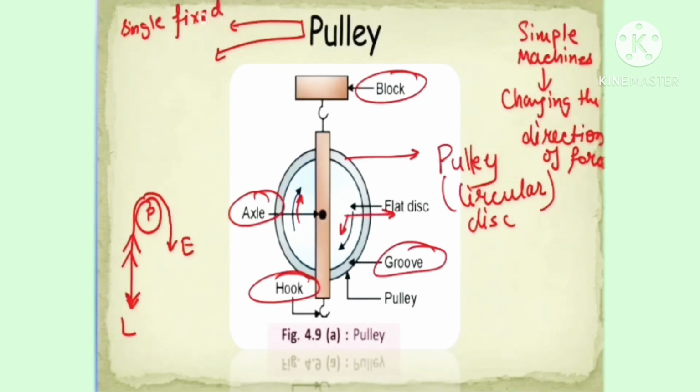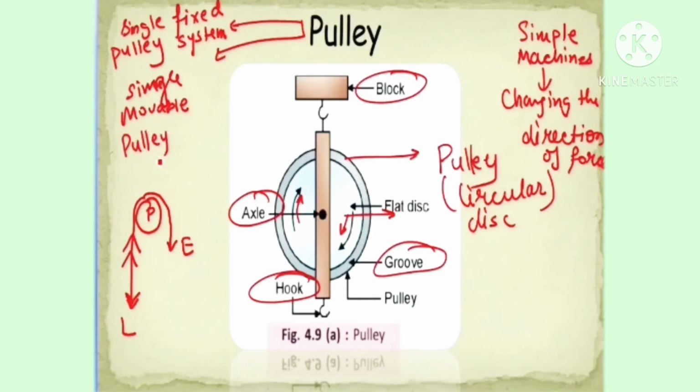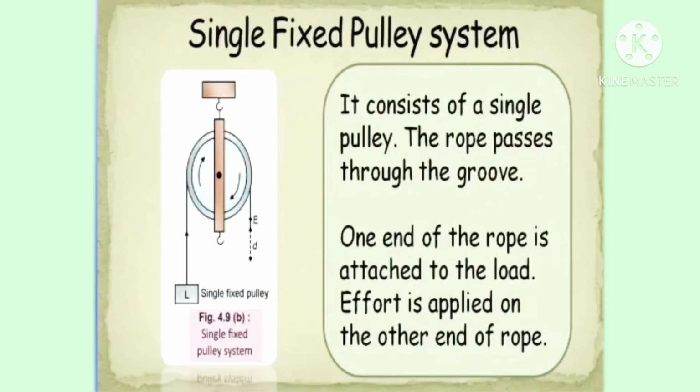Number one, the single fixed pulley system, and the second is the single movable pulley system. Now let's start with the first one, the single fixed pulley system. The diagram shows you the arrangement of a single fixed pulley system.